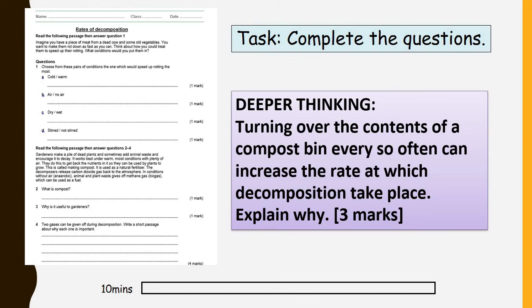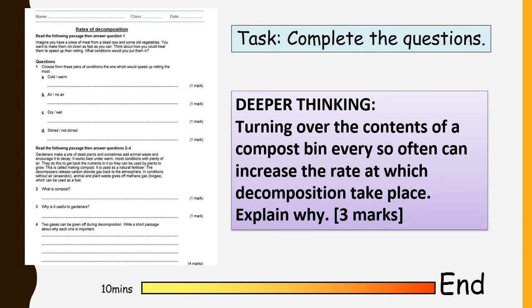So to get us thinking deeper, turning over the contents of a compost bin every so often can increase the rate at which decomposition takes place. Explain why. So pause the video, have a think. Why is it that we turn over our compost heap?